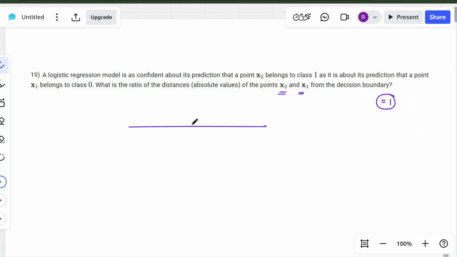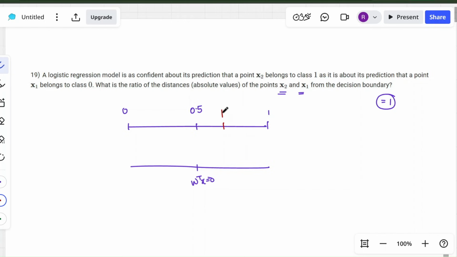So let me map them properly. Let us say the first one is for the prediction probability. So it's 0.5 in between, and here you have 0, here you have 1, right? And similarly, you have W transpose X equal to 0 here. It keeps on increasing to the right, decreases to the left. So if they have the same kind of confidence, what does that mean?